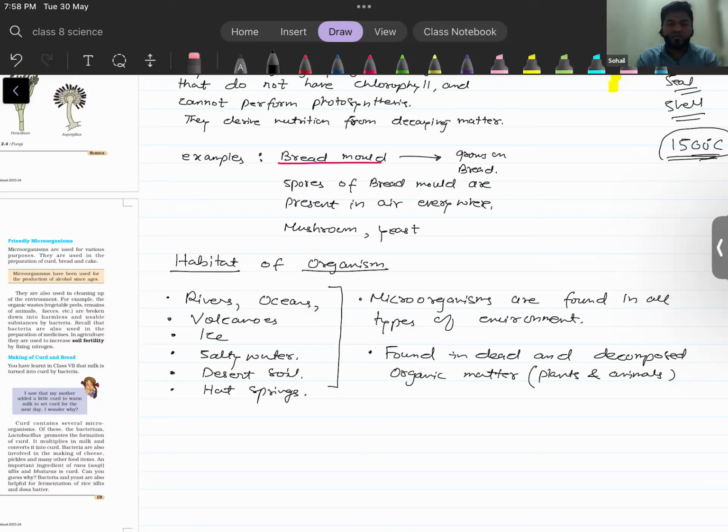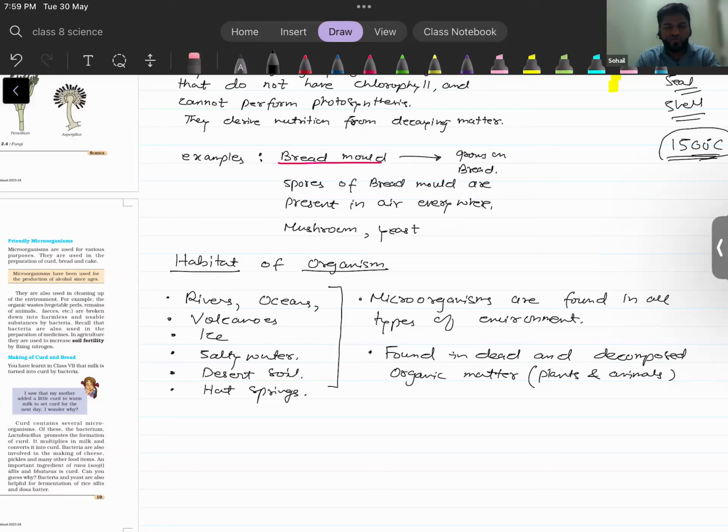And what about human bodies? Are microorganisms found inside the human body also? Can you name some examples of microorganisms that live inside the human body? It could be bacteria, it could be anything. When the human body gets infected by any bacteria or virus, they are living inside our body as parasites.